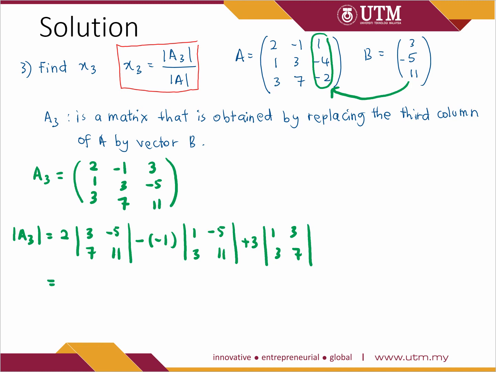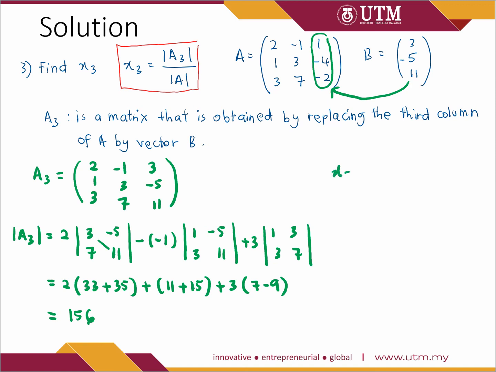So solving this, we have 2 times 33 plus 35, plus 11 plus 15, and then plus 3 times 7 minus 9. The answer will be 156.